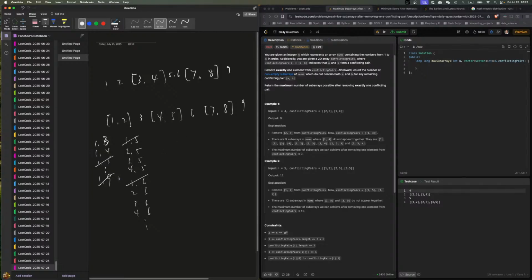So what we're left with is 1, 2, 1, 3, 1, 4. And then I mean 1, 5. It's not gone. It's just we have to delete it here, right? So 1, 2, 1, 3, 1, 4, 1, 5, all the way to 1, 9.